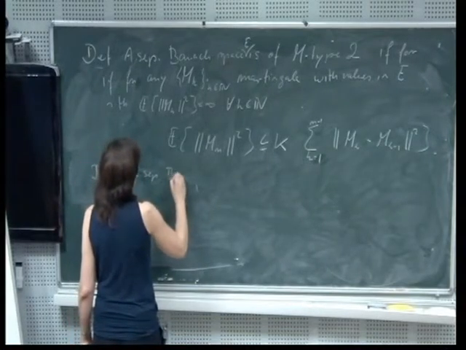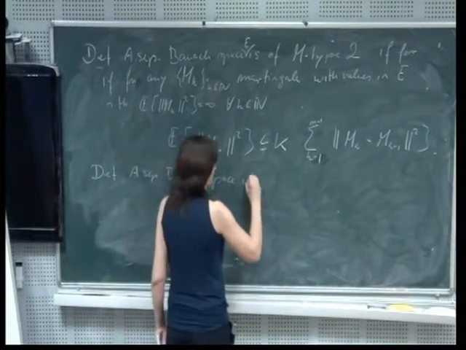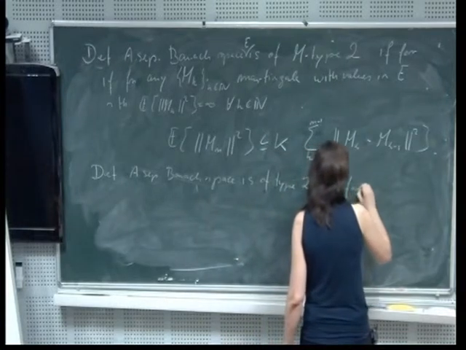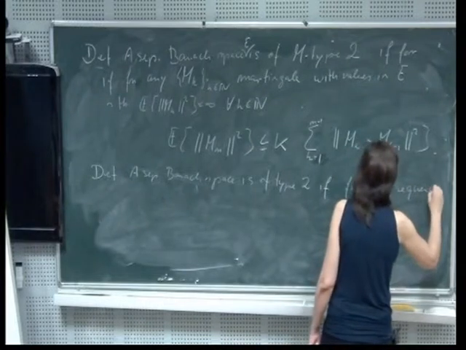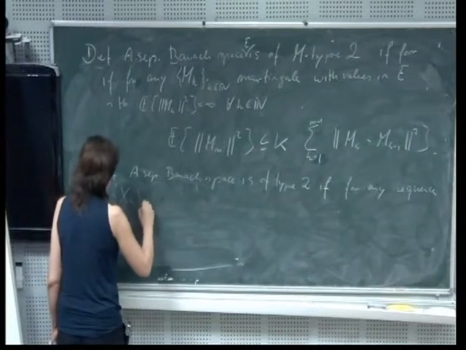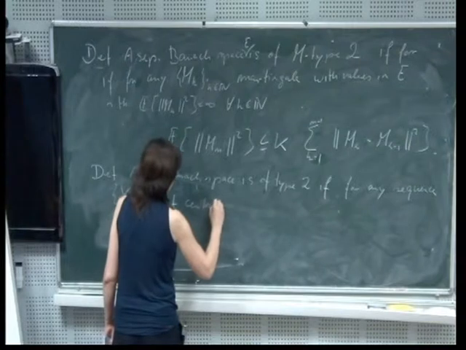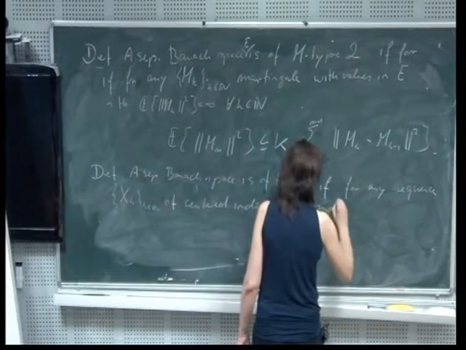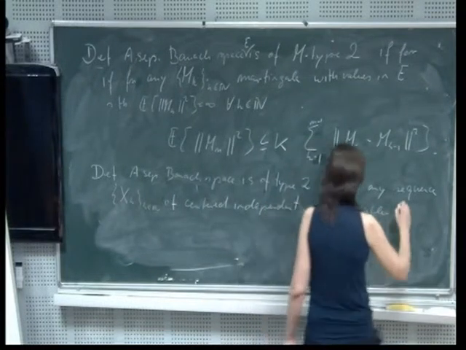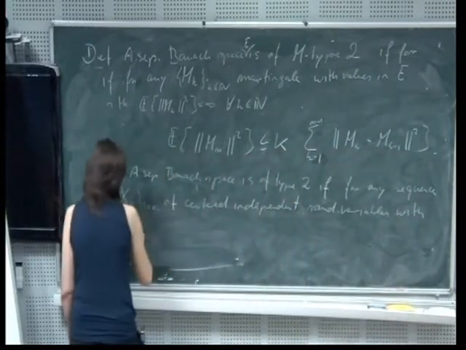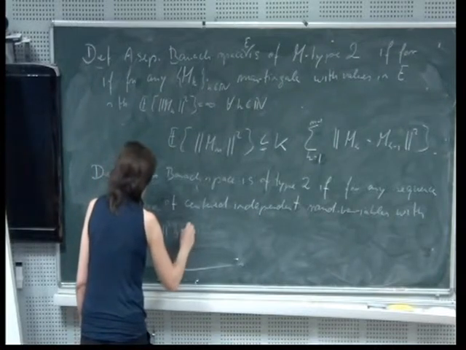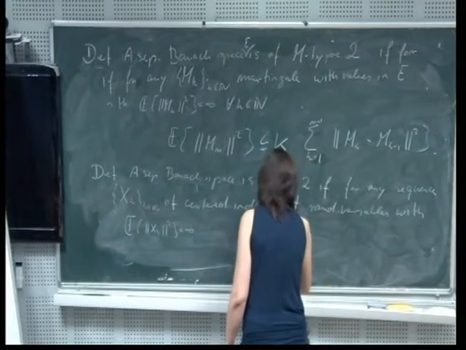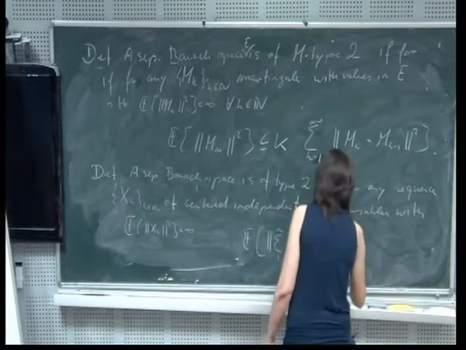A separable Banach space is of type 2 if the following holds for any sequence X_k of centered independent random variables with a finite second moment: it holds that the expectation of the second moment of the sum of these independent random variables is less than the sum of the second moments.